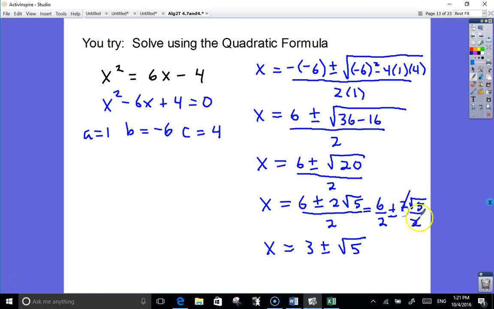And then the 2's cancel, and 2 goes into 6 3 times. 3 plus or minus the square root of 5. When there's one term in the denominator, if it divides into every term in the numerator, you can do that.